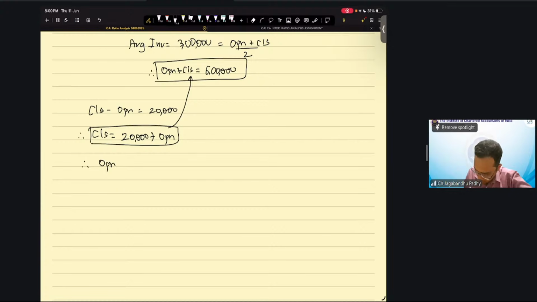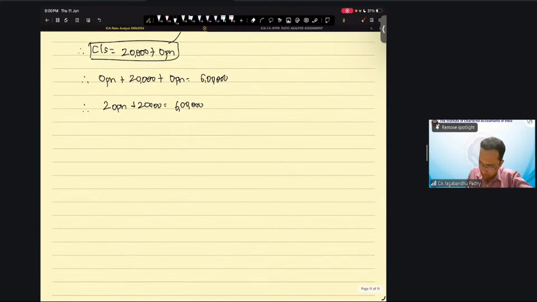Let us substitute this over here. Therefore, opening inventory plus 20,000 plus opening inventory is 6 lakh. Therefore, 2 times opening inventory plus 20,000 is 6 lakh. So we have 2 times opening inventory as 5,80,000.